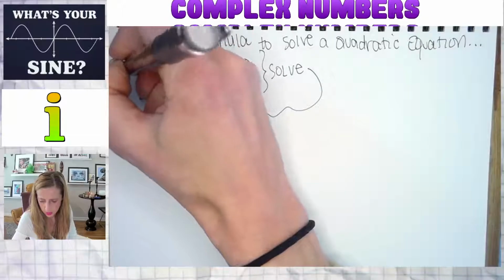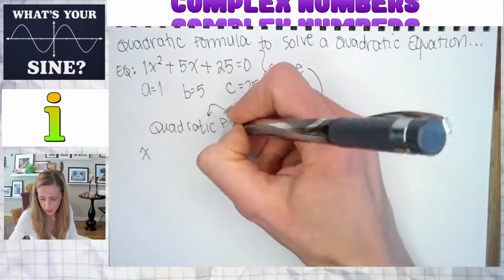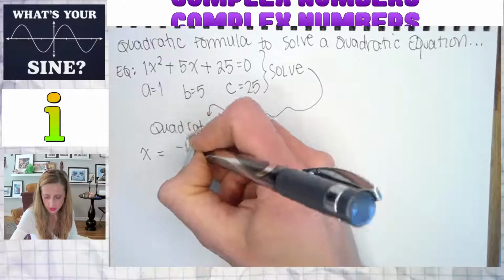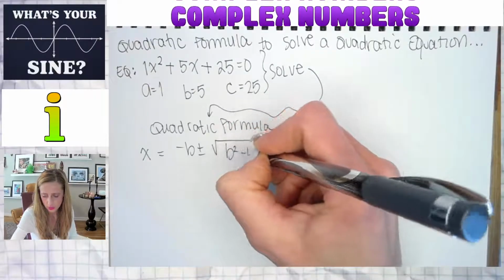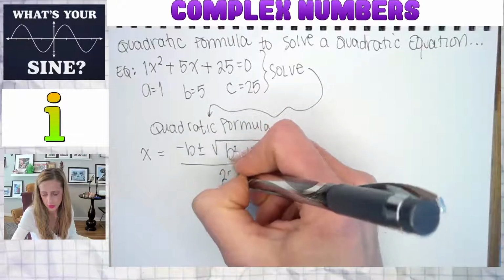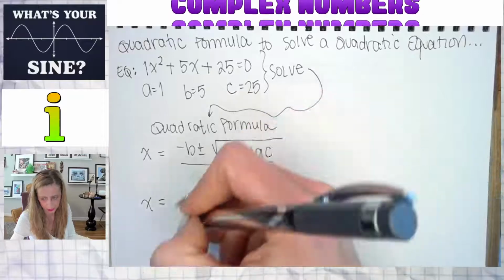So here's my equation. Now the formula, we have a, b, and c ready to go, was x equals negative b plus and minus the square root of b squared minus 4ac all over 2a. I promise we're going to fill this in and we're going to get a negative under here.